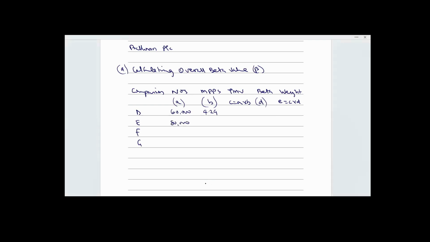Then 100,000 shares, 2.17. The last one is 125,000 shares, 3.14.